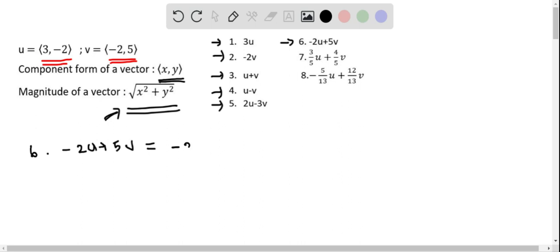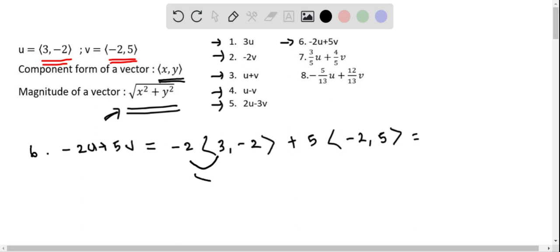So I put the minus 2 first and then replace the u vector, which is 3 comma minus 2, plus 5 times of v vector, which is minus 2 comma 5. So I have to do the distribution like this. Minus 2 times of 3 is minus 6. Minus 2 times of minus 2 is positive 4.